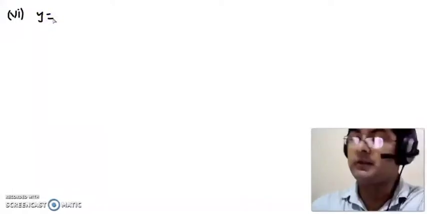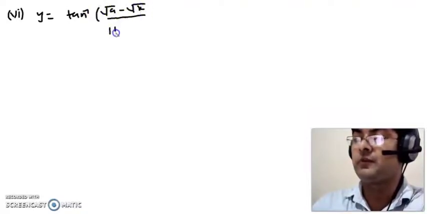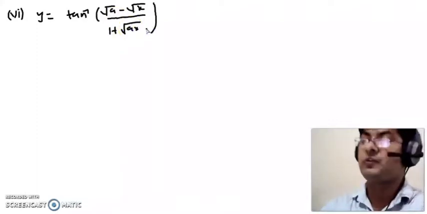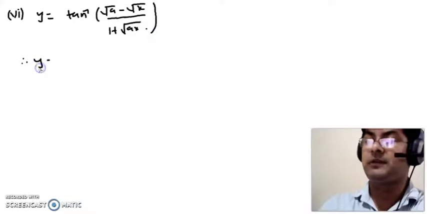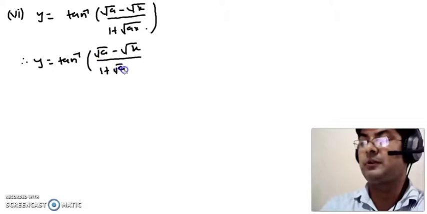Y is equal to tan inverse of root a minus root x upon 1 plus square root of ax. Okay, now this can be simplified in this way. Tan inverse, the numerator is root a minus root x, and the denominator we can write as 1 plus root a into root x.